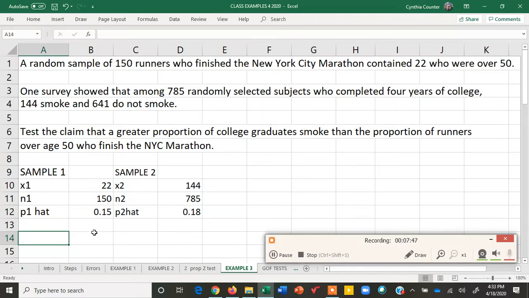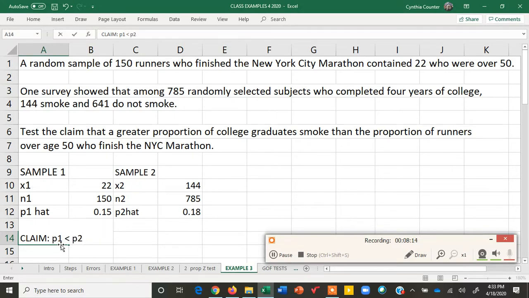Equivalently, sample 1 is less than sample 2. I am going to write the claim as a less than, even though the problem was worded in terms of greater. I'm going to write the claim as the population proportion P1 is less than the population proportion P2.